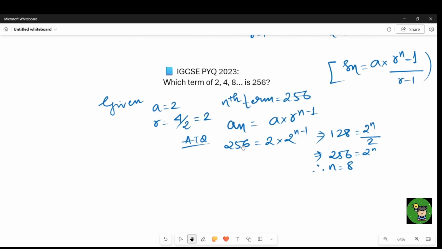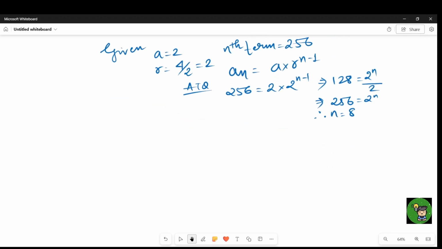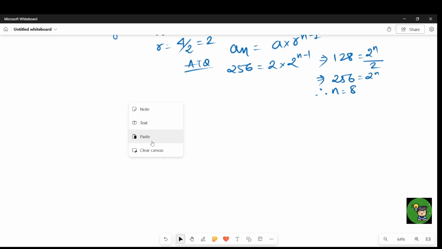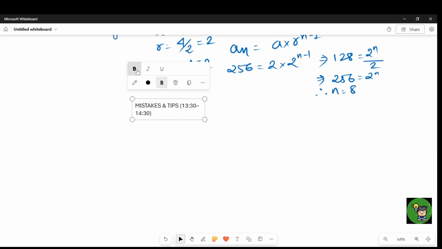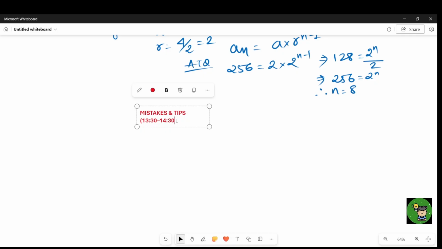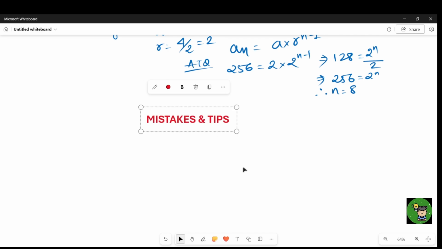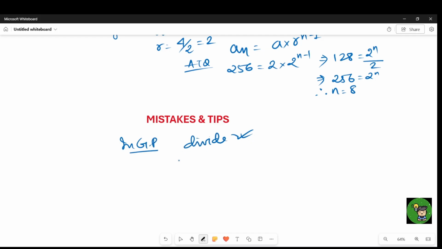Easy. Now, what are the mistakes that usually students make here? Subtracting. In GP, we do divide. Important thing. Okay. Number two, number of terms versus final term.